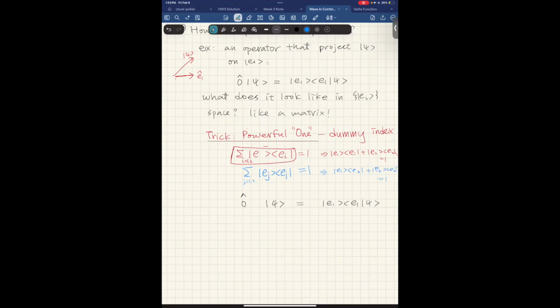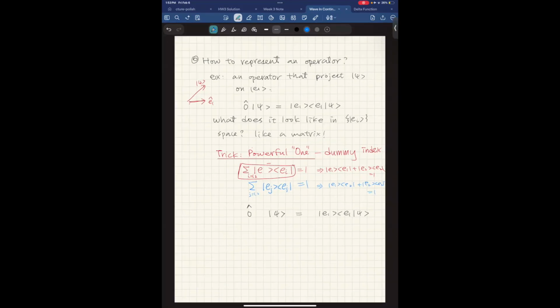So you see, this is exactly the same thing. So this I, this J, I can call it K, I can call it H, I can call it anything. It does not matter because eventually it will be summed over and it's not going to affect any variables outside of my summation. So this kind of index does not really have a meaning. This is called a dummy index.